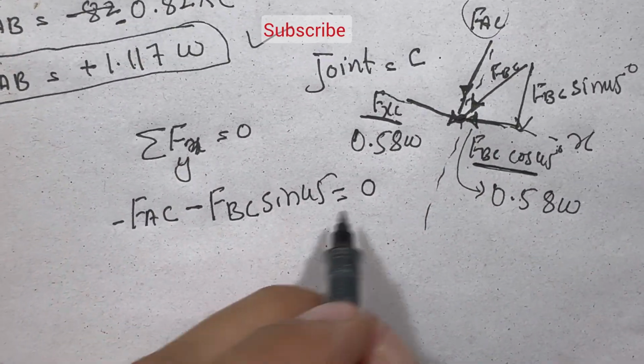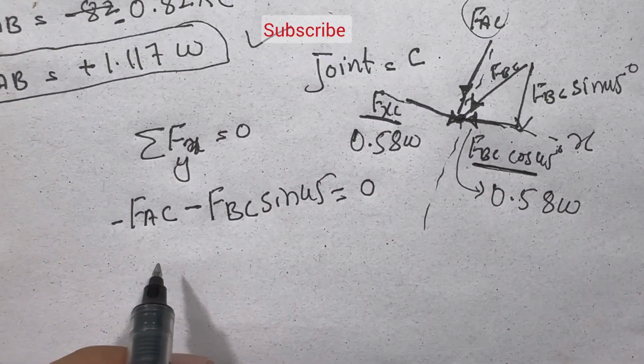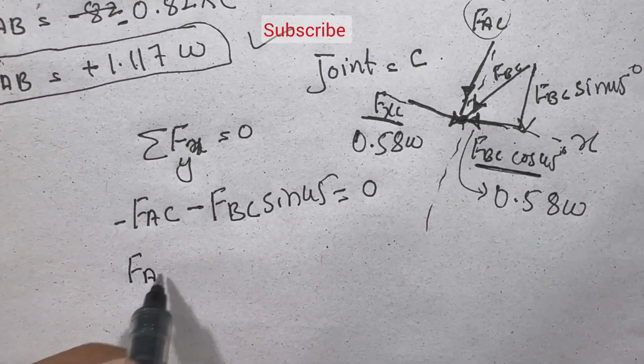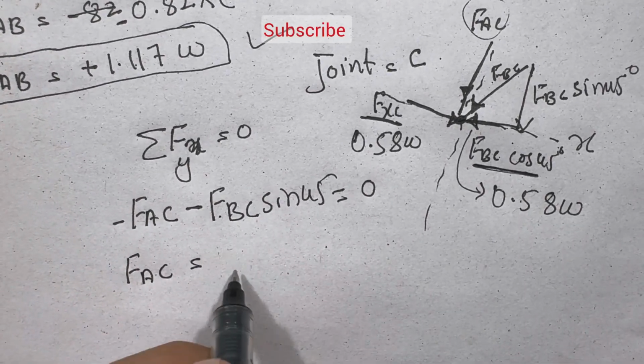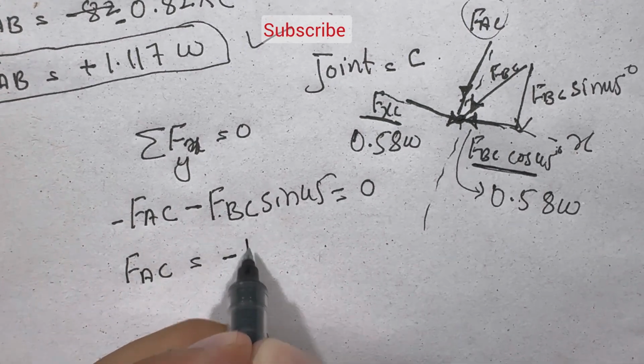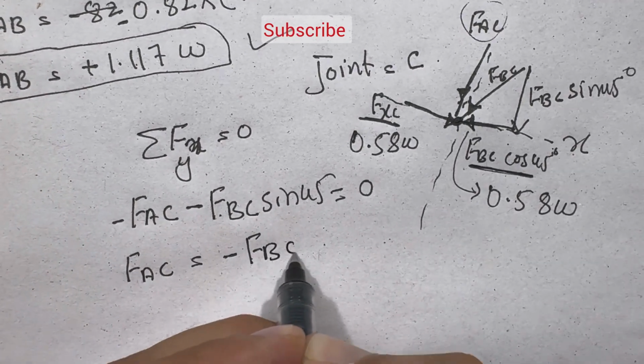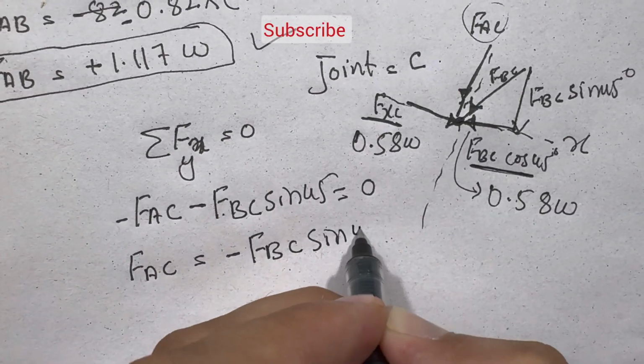Only these two forces are vertical. So FAC will equal negative FBC sine 45.